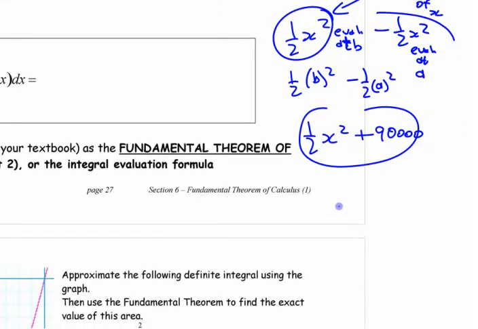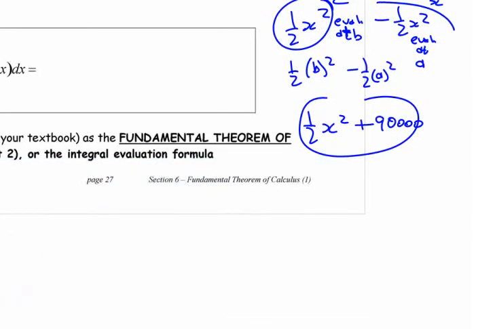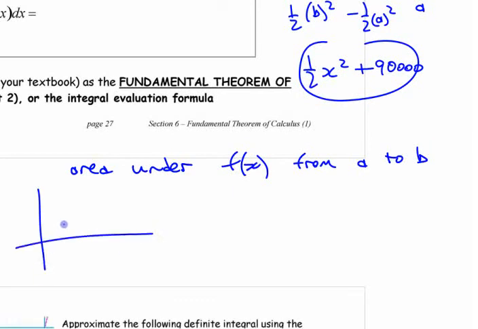We said if we want the area under f of x from A to B, if you want the area under some curve like this from A to B, so you want this area in here.